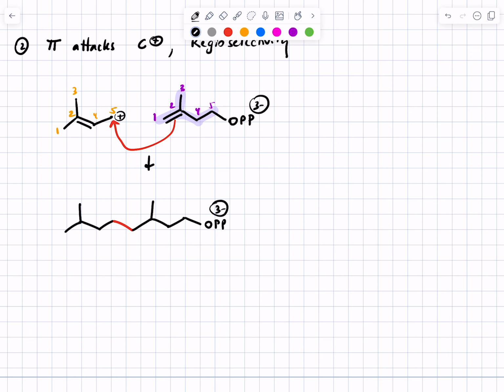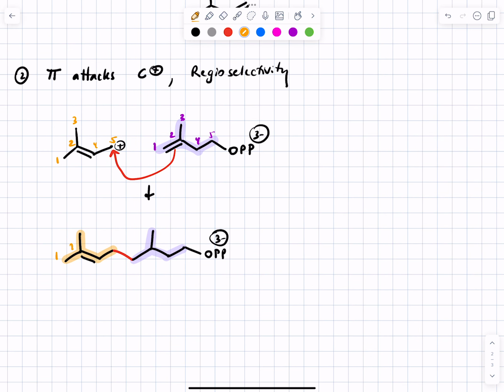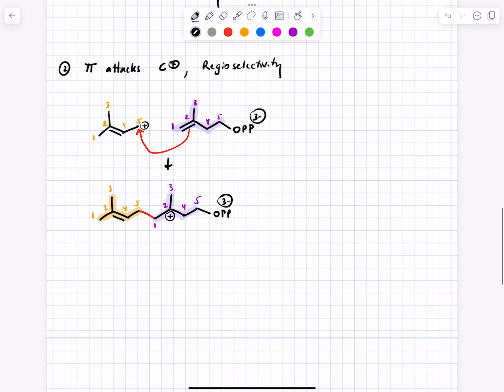And that's how we make that head to tail bond in the linear precursor for all of these terpenes. It's simple alkene addition type chemistry. Now, I'm not done yet because I have a positive charge on carbon 1.